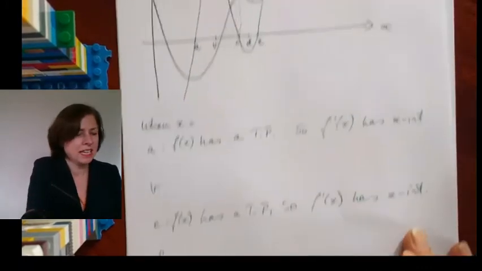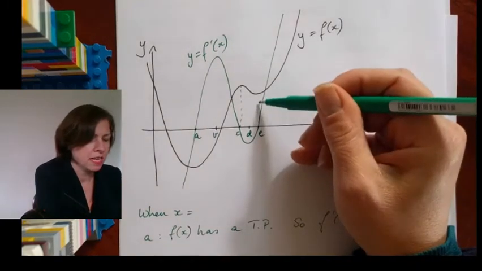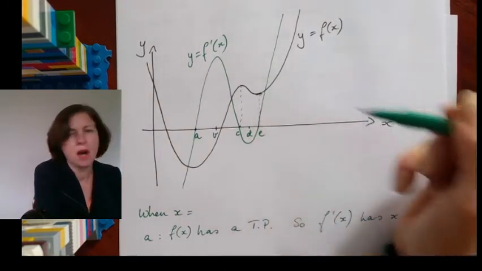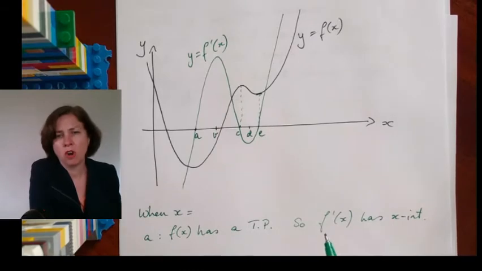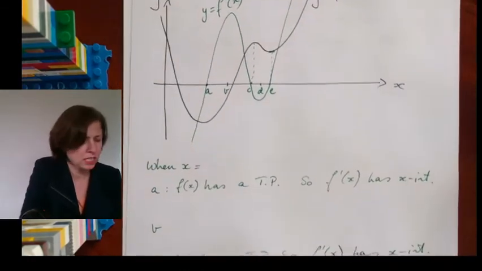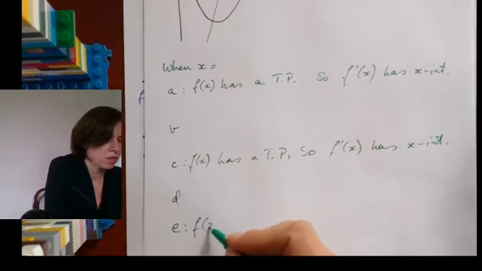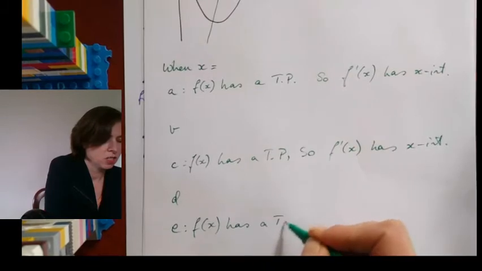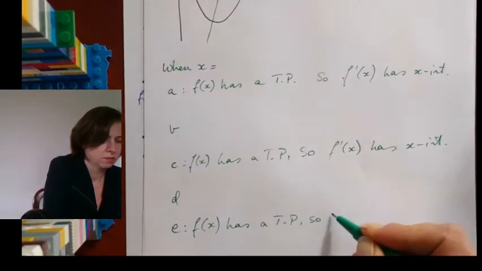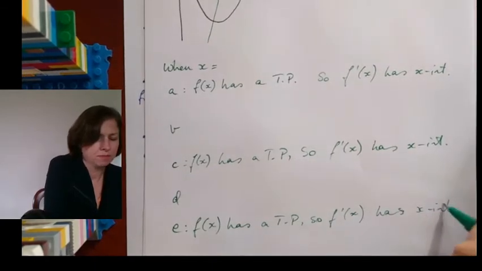It happens again at E. It's maybe not so clearly drawn here, but there's the turning point there. That's where my original graph has a horizontal gradient because it's a turning point. It's not a horizontal point of inflection, it is a turning point. So at E, also f of x has a turning point, so f dash of x has an x-intercept.